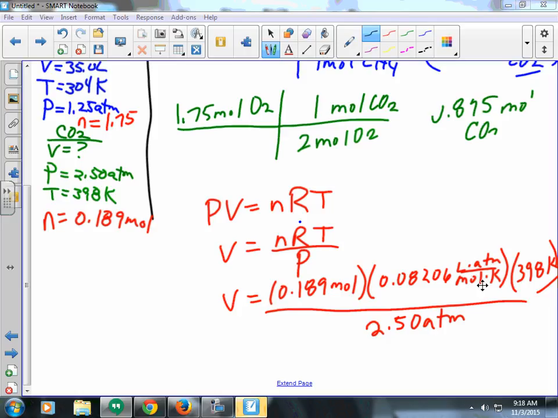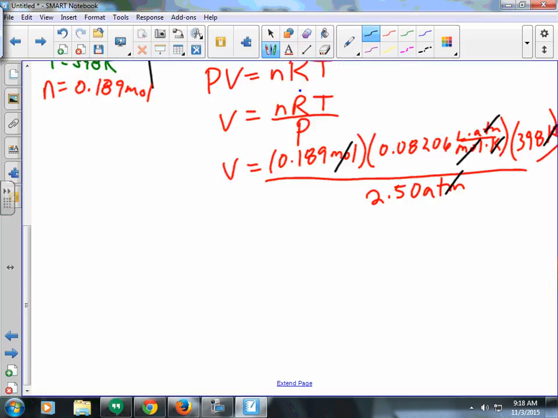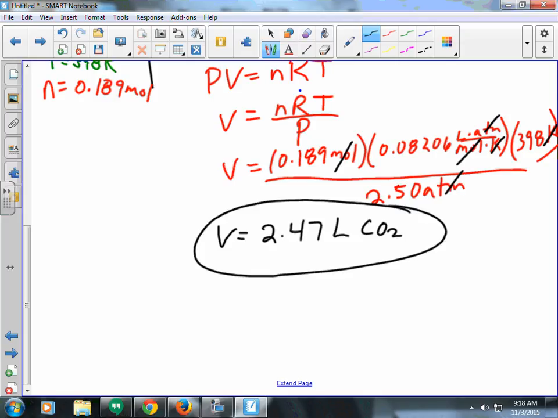Notice your units. Moles cancels. Atmosphere cancels. Kelvin cancels. So we'll end up with liters, and that's what we need. So you punch this in. 2.47. Yeah. So that one's a bit more involved.